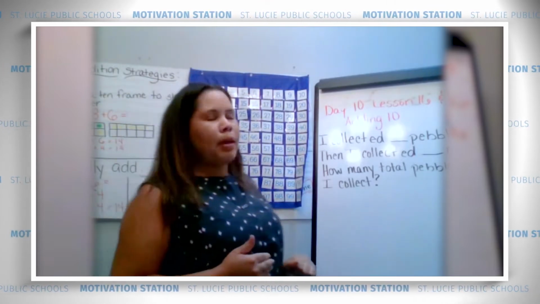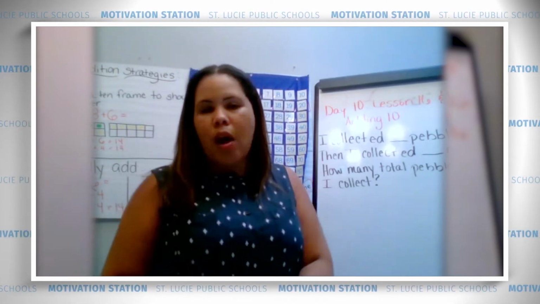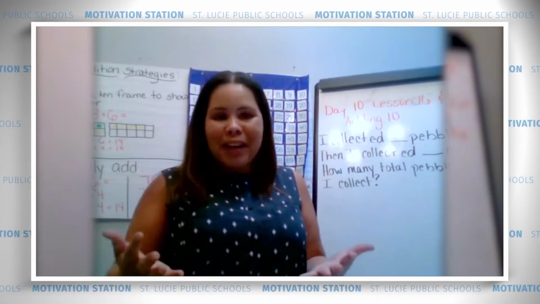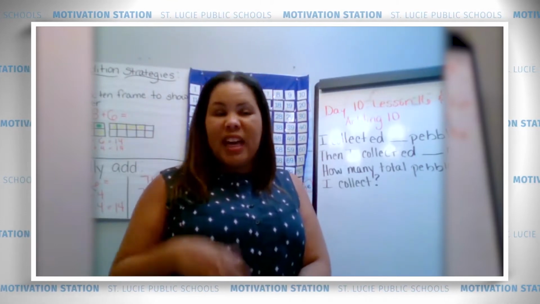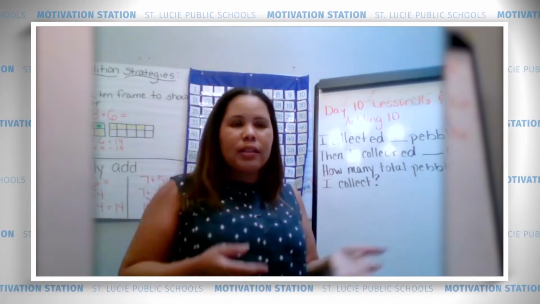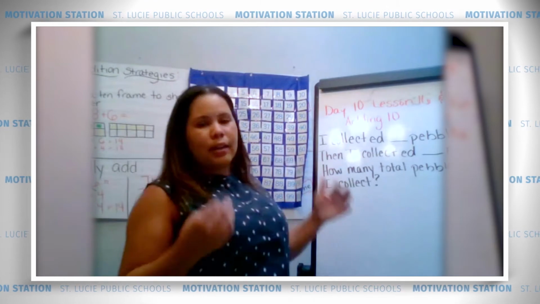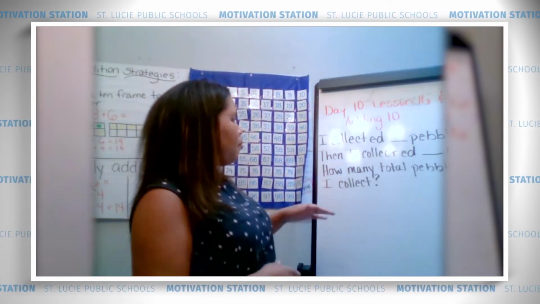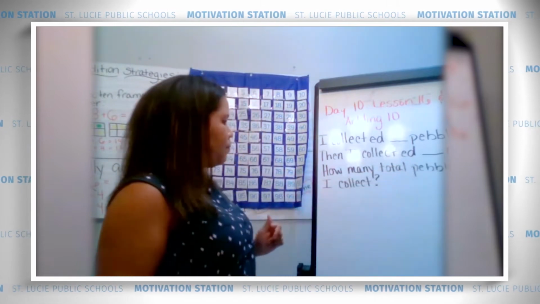I collected blank pebbles. Pebbles are just little tiny rocks or stones. Some people like to collect them. Do you collect anything? Teddy bears, coins. Well, this person collects pebbles. So I collected some pebbles. Then I collected blank more.